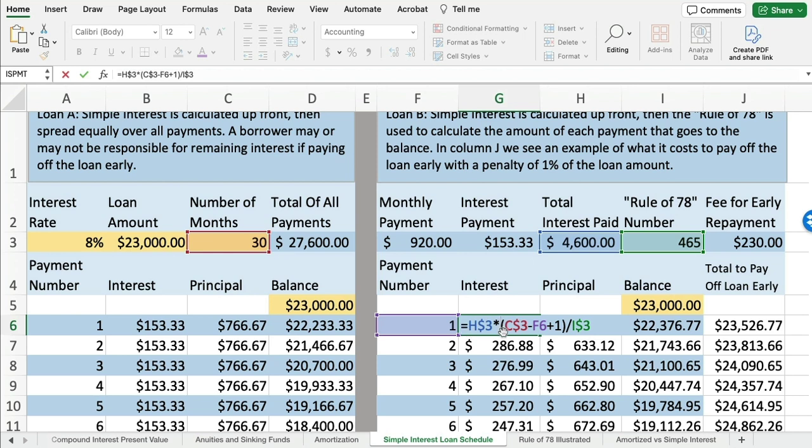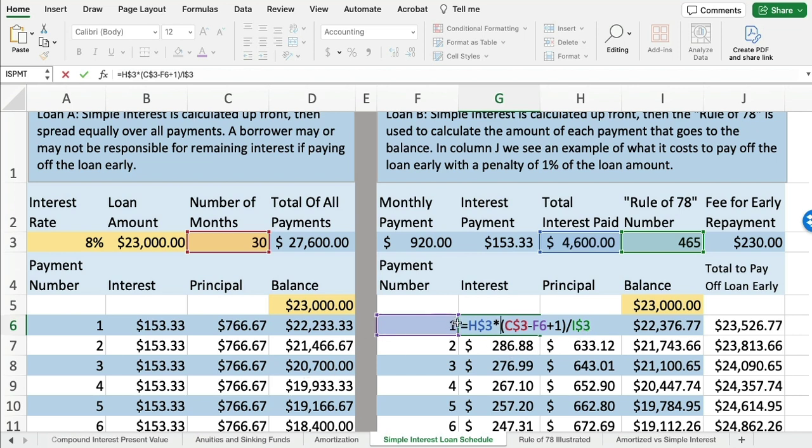Okay, so we are in cell G6, and we want to type equals $3 times parenthesis $3 minus F6 plus 1 close parenthesis slash $3.